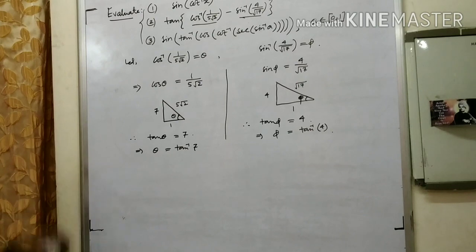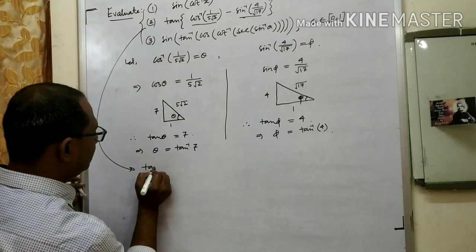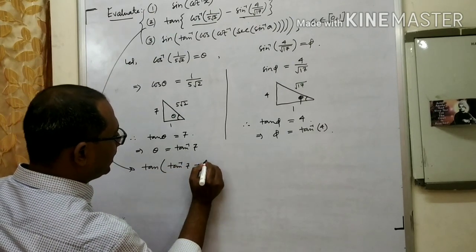Again, the question looks like now tan of tan inverse of 7 minus tan inverse of 4.